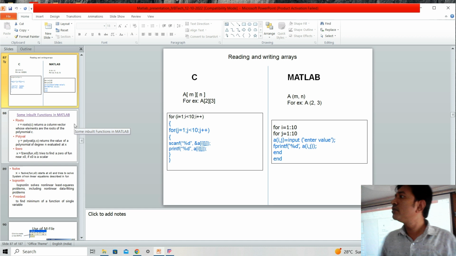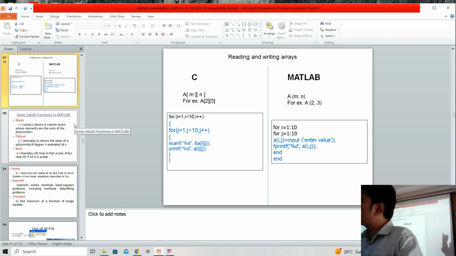So is it okay now? The plot commands you understood, subplots you can understand now. So I'm moving to the functions now.